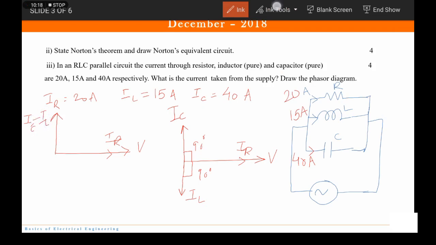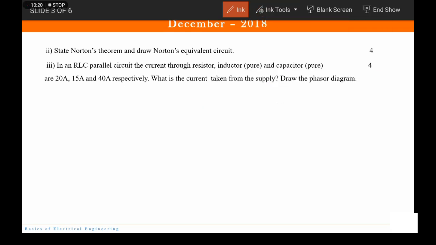Now let us draw the final phasor diagram: here we have IR and IC minus IL. To draw the resultant, I extend this, and it becomes my final current.